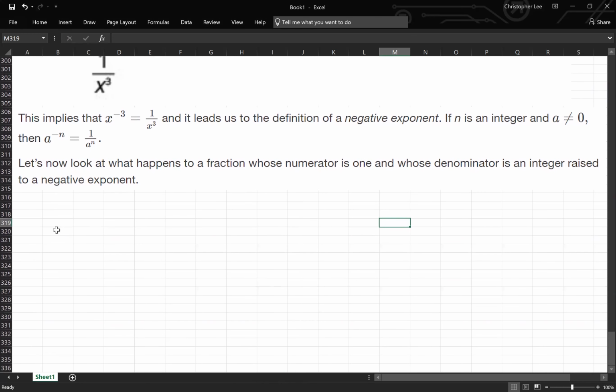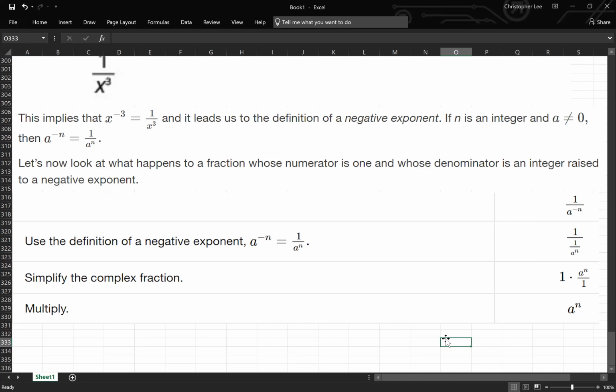We're taking it back to a couple classes ago with this one. So I got 1 over a to the negative n power. What's going to happen there? We use the definition of the negative exponent. So a to the negative n power is equal to 1 over a to the n. So if I have 1 divided by 1 over a to the n, you can do the same thing that we were doing before.